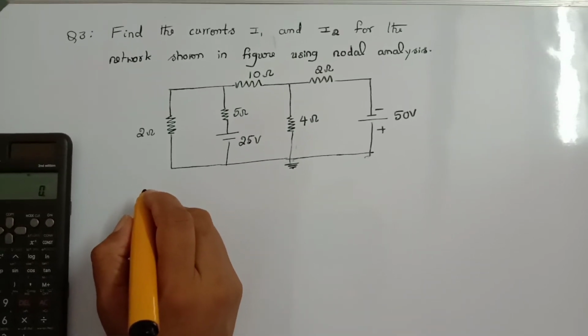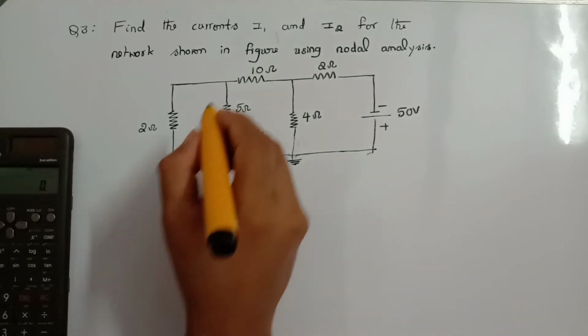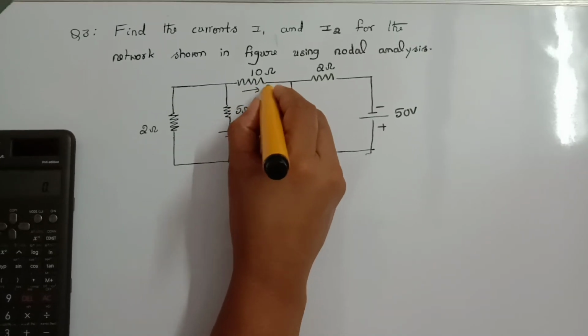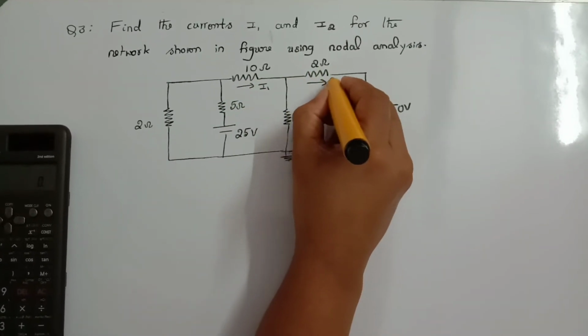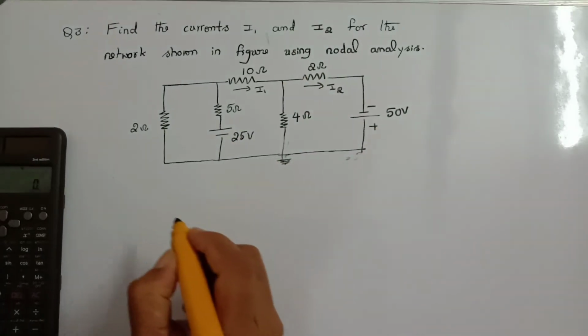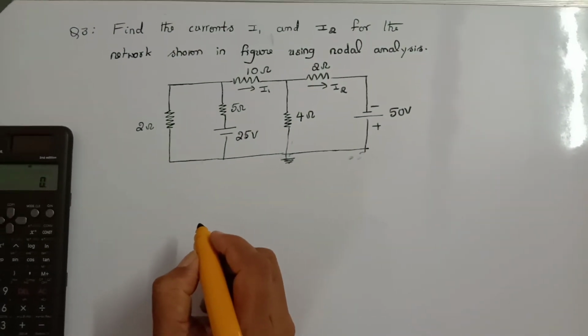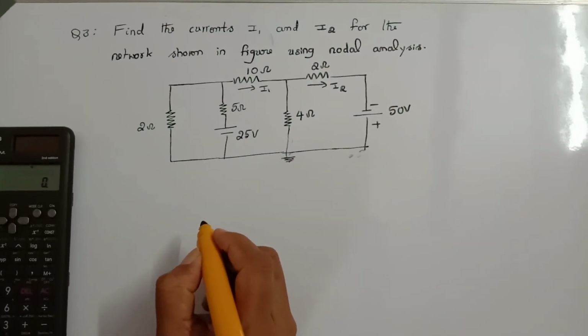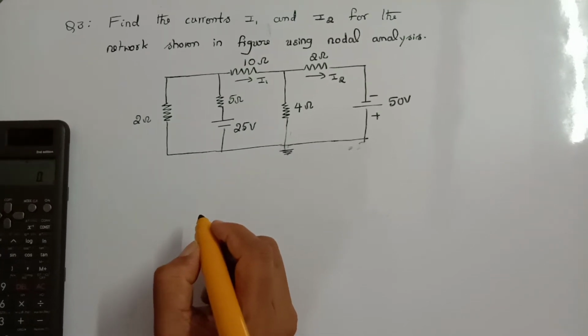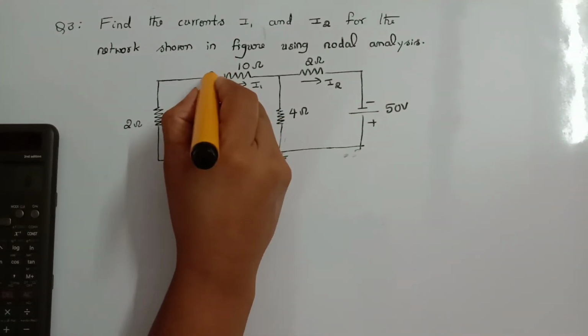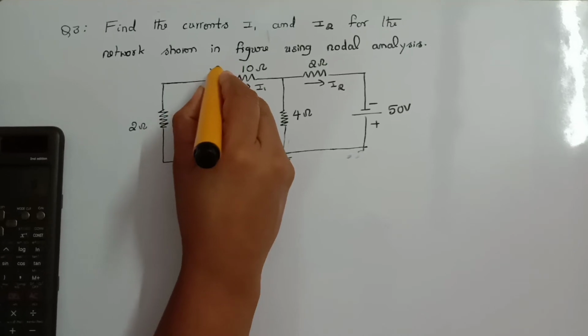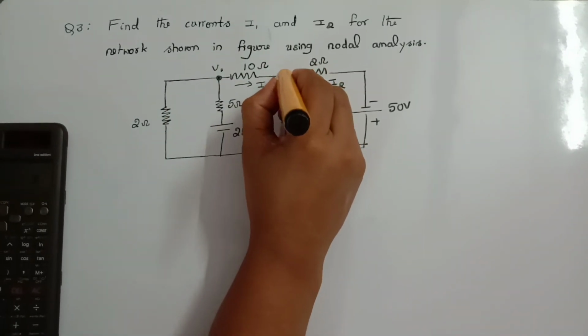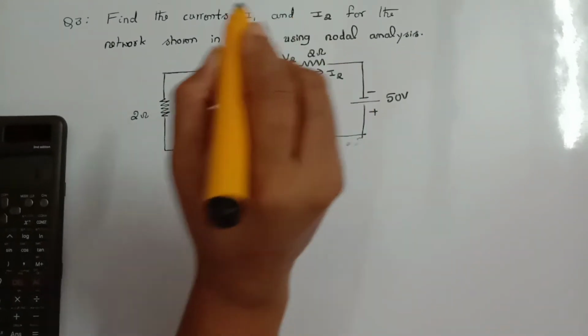Question number 3. Find the currents I1 and I2 for the network shown in figure using nodal analysis. Now, as first step, we will assign the node voltages. So I'll take the unknown node as V1 here and this node as V2.